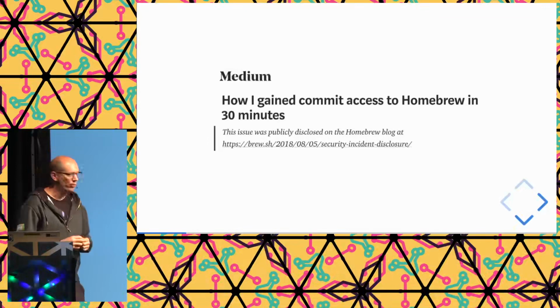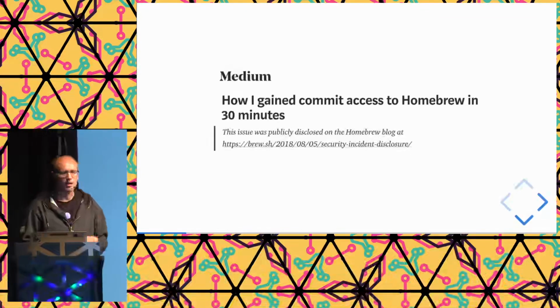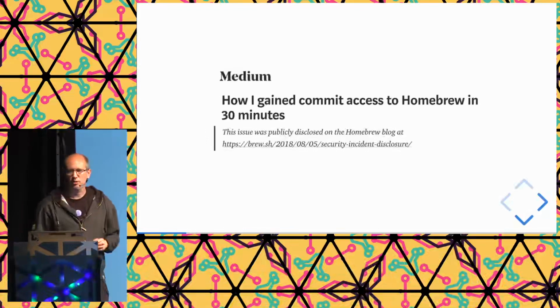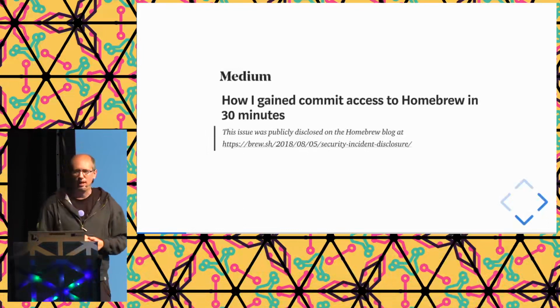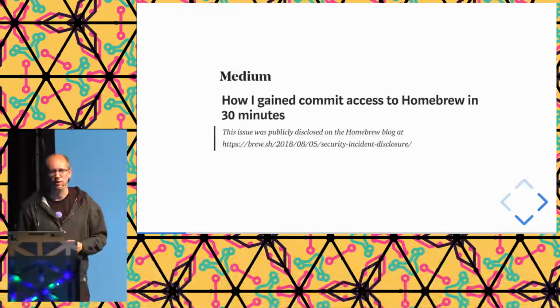In this example from a while ago, 2018, someone hacked the Jenkins machines from which Homebrew was being built. In this case, when they were on the machine, they stole the credentials. But you could very well imagine that once you have access to the Jenkins machine, it's relatively easy to make changes to the build process and inject malware there.